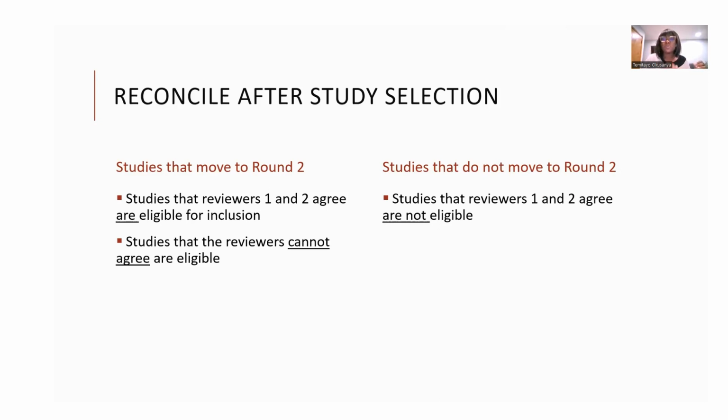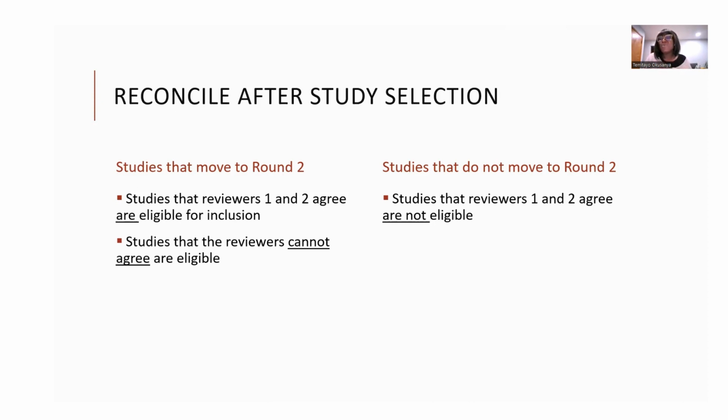In a situation whereby I said yes and you said no, or the next person says no, I don't want to include this paper, we would both decide to just include it because we can't come to an agreement. So remember, in the first case, we both said yes, definitely that paper goes in. In the second, I said yes and you said no, or you said no and I said yes. We would include such a paper.